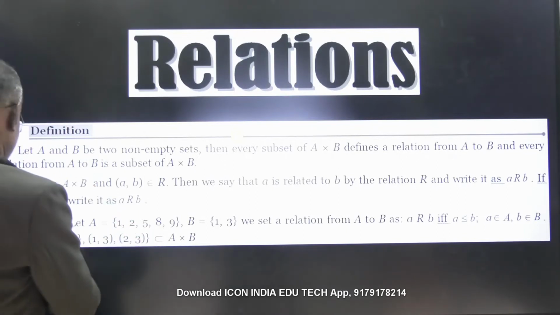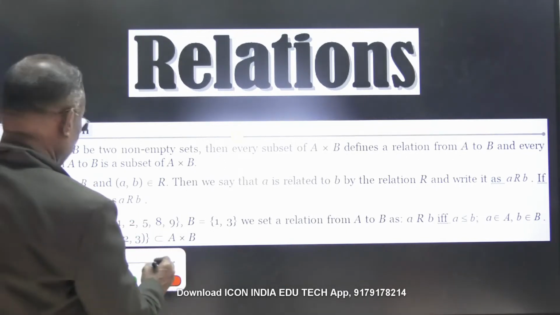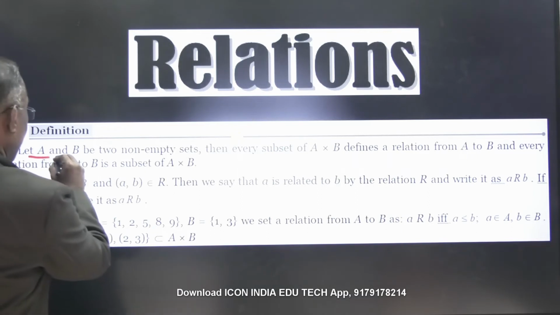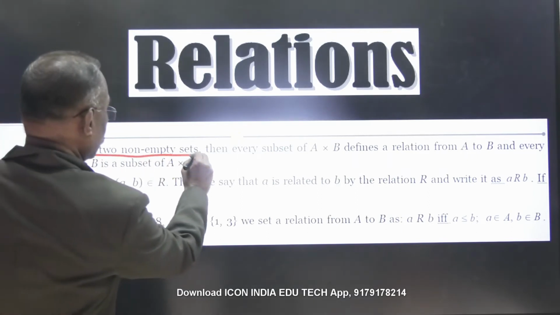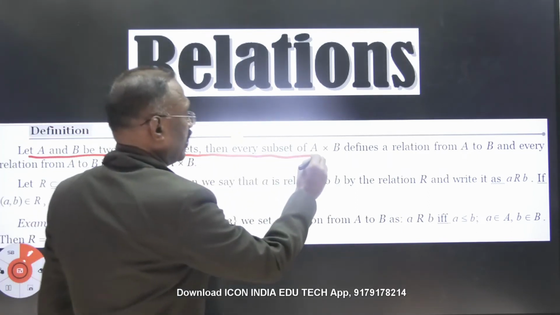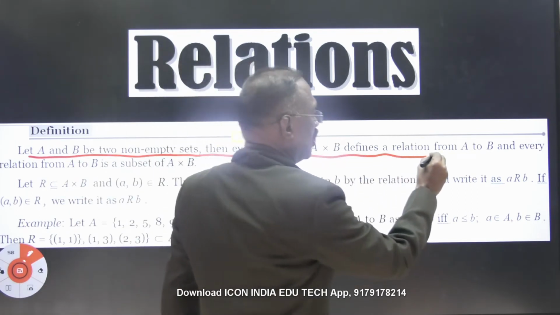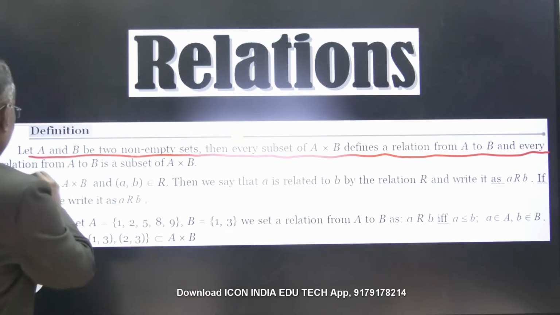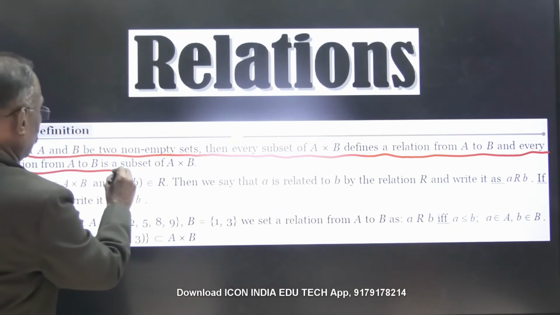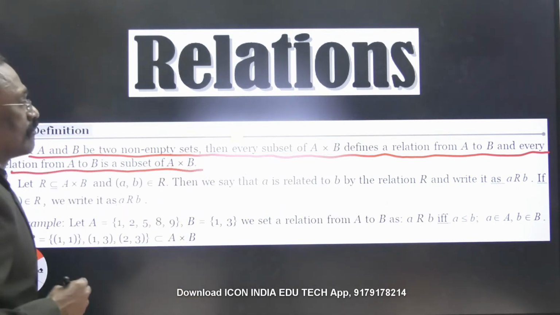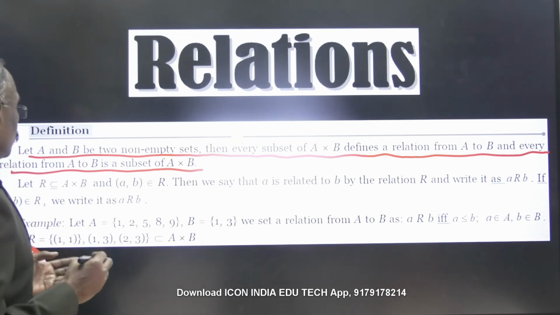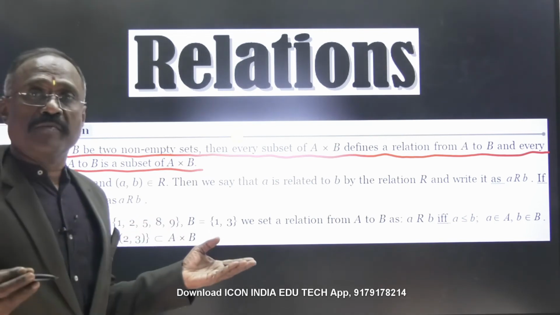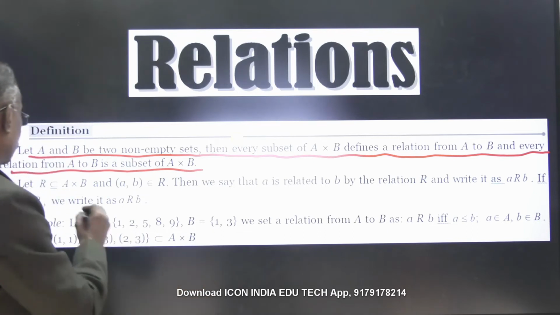Just check it out, my dear boys and girls. Let A and B be two non-empty sets. Then every subset of A cross B defines a relation from A to B, and every relation from A to B is a subset of A cross B. So, that's what I explained.